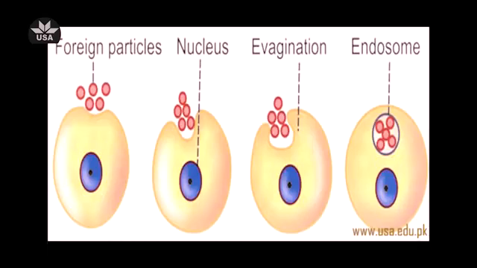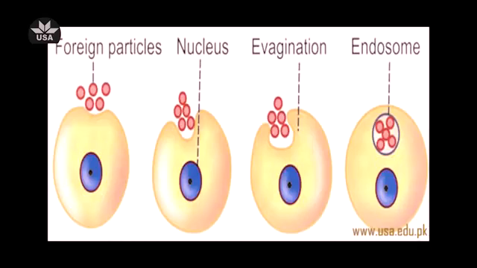After attachment, the cell membrane invaginates around the droplets, and these droplets are engulfed by the membrane. And you can see at stage 4 that these engulfed droplets are converted into vesicles and vacuoles, which are called endosomes. After the formation of the endosomes, these endosomes travel into the interior layer of the cell and form the primary lysosome.